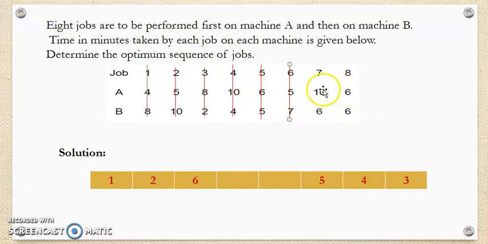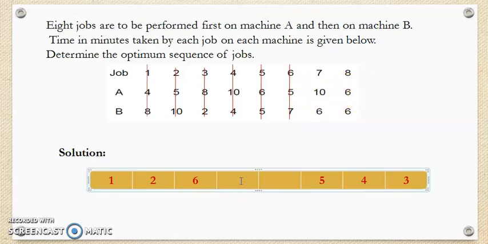Now if you look here, again there is a tie condition. You can choose the jobs randomly here. So if I select this one, 6, lying on machine A, for job number 8, so this is lying on the first machine A. Therefore I will sequence it as early as possible in the remaining places.